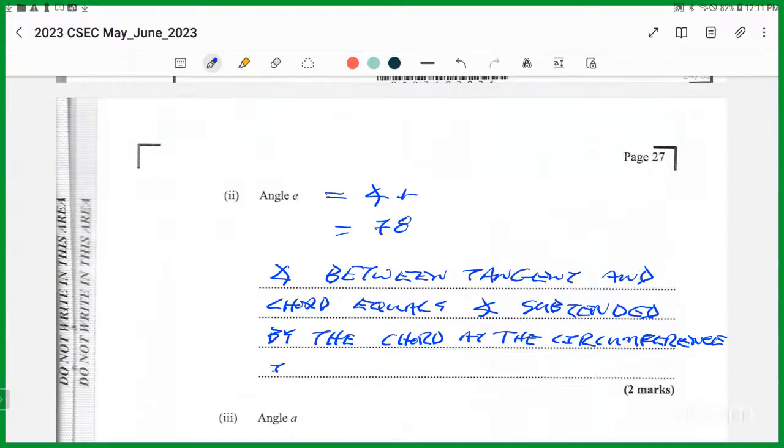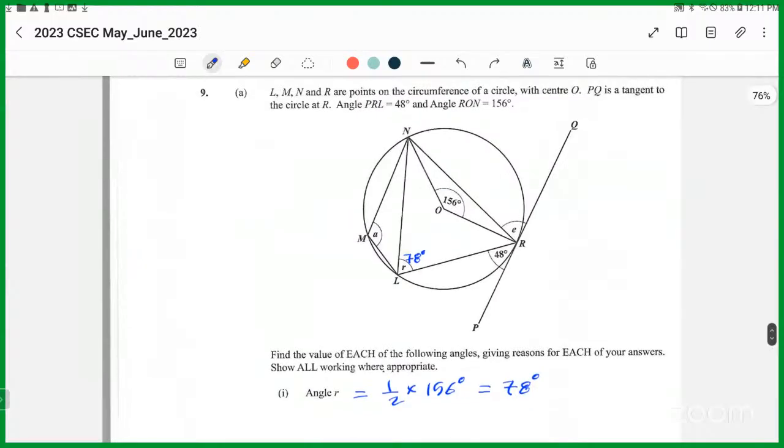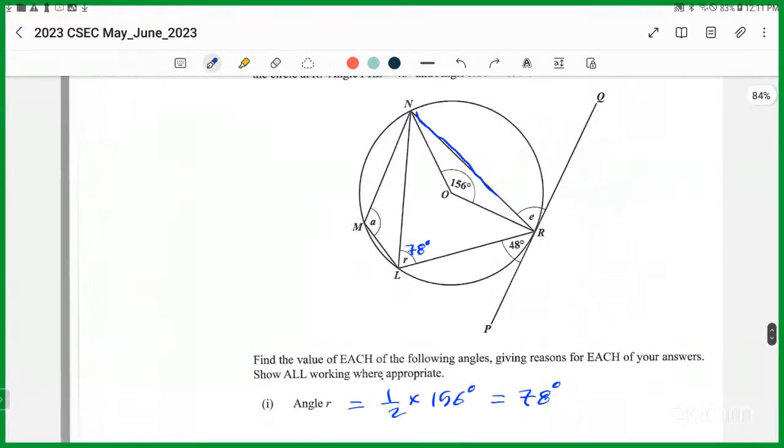And it's in the alternate segment. Why is it in the alternate segment? Because remember, this chord divides the circle into this minor segment and this major segment.